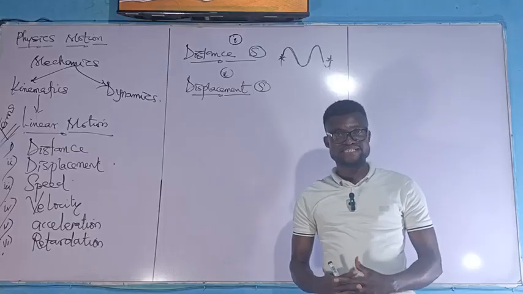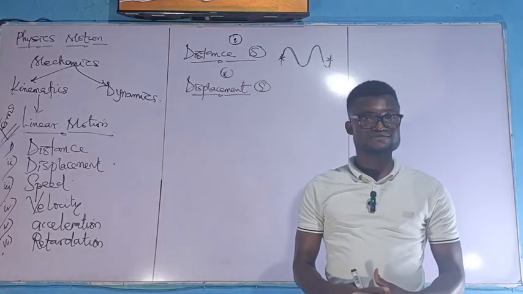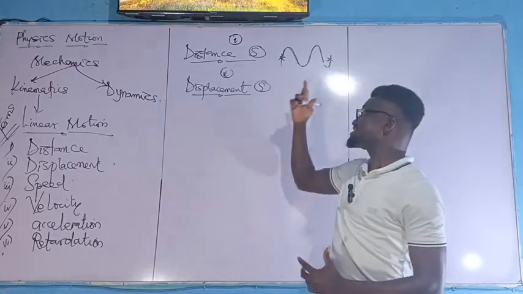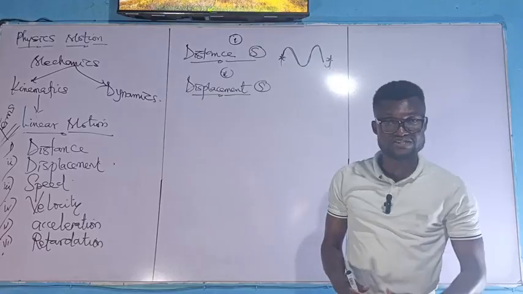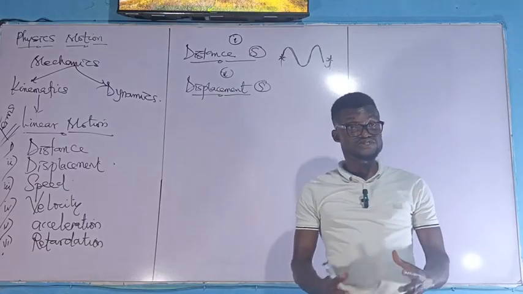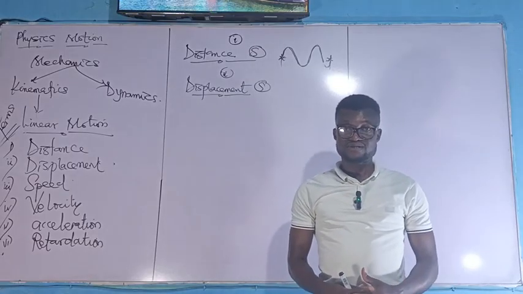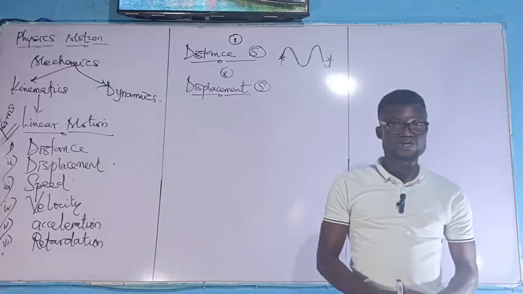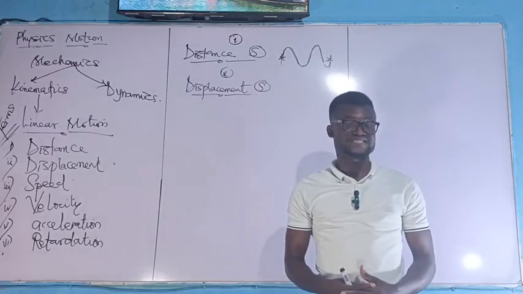Displacement is a vector quantity. It is a vector quantity because it is a distance that has direction. Like I told you, distance has no direction. Now, if distance is attached with direction, automatically it becomes a displacement.